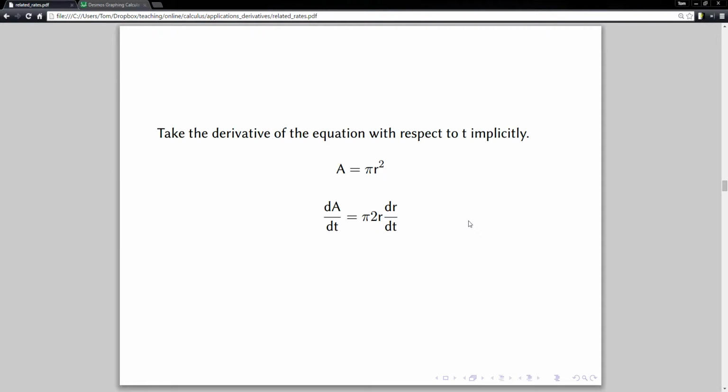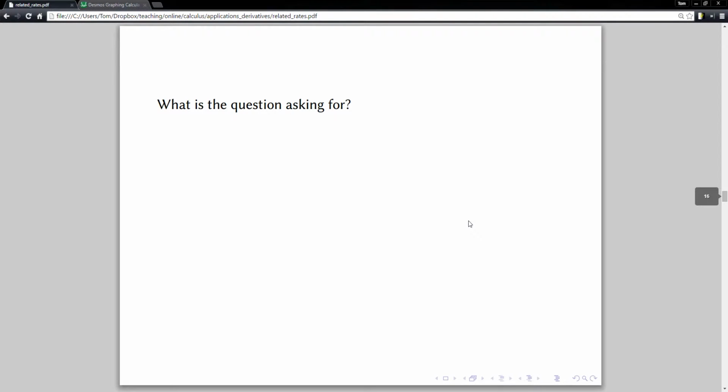Okay, so we've taken the derivative implicitly, and the next thing we need to do is ask, what is the question asking for? It's important to go back to the problem statement and figure out what they're asking for.